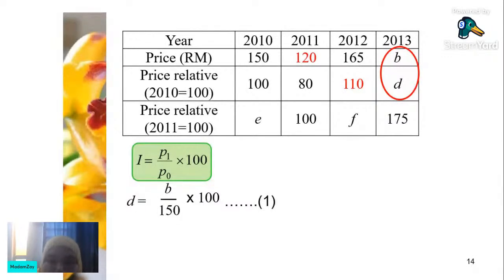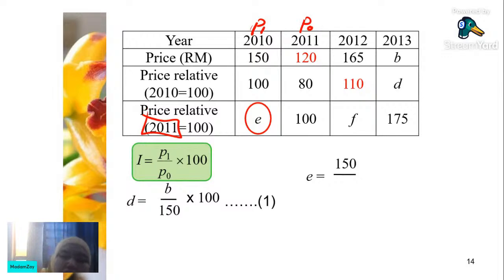If 2011 is the base, P1 is 2010 and P0 is 2011. So divide by the price in 2011, which is 120, multiply by 100, which is equal to 125. We just ignore the percent notation. So we have E equal to 125.